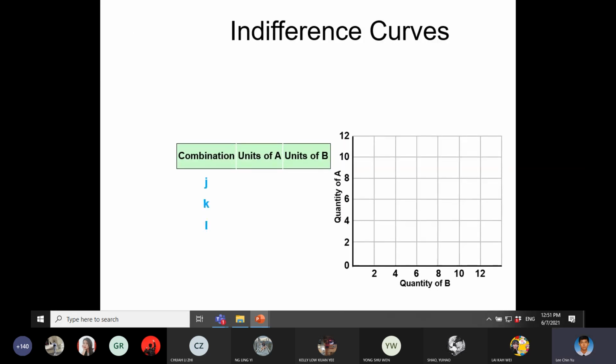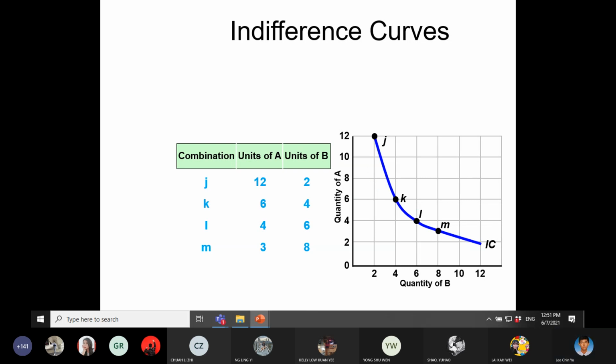Now we have the indifference curve. We have combinations J, K, L, M. If we know these combinations, we can draw our indifference curve. We connect all the combinations and we have our indifference curve, for consuming good A and good B, here based on quantity.